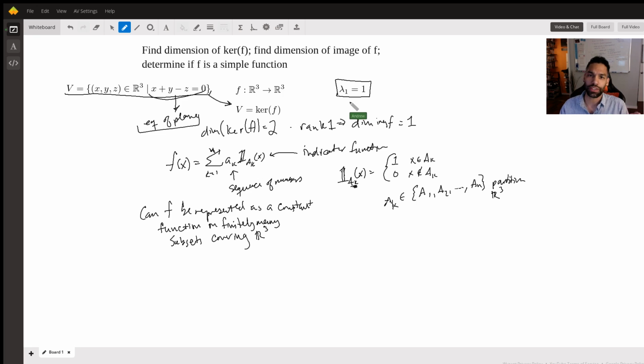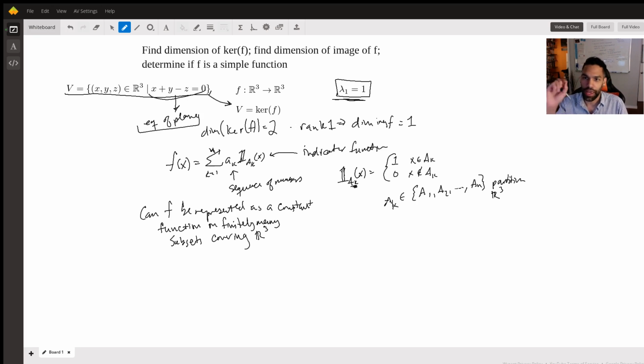Now, it's interesting that they included this information, that one of the eigenvalues is 1. This is a bit of a red herring because we know the other two eigenvalues are 0 because of that kernel. But the eigenvalue being 1 along the span of that eigenvector tells you there's no scaling happening there.